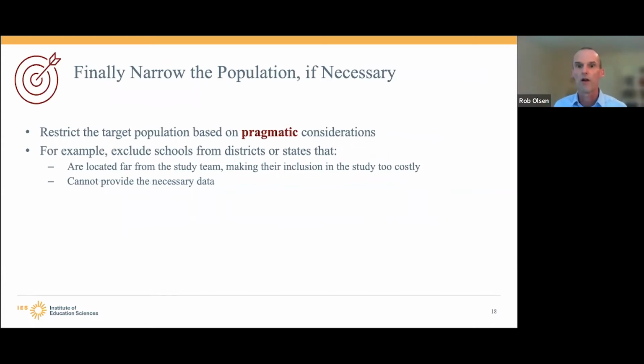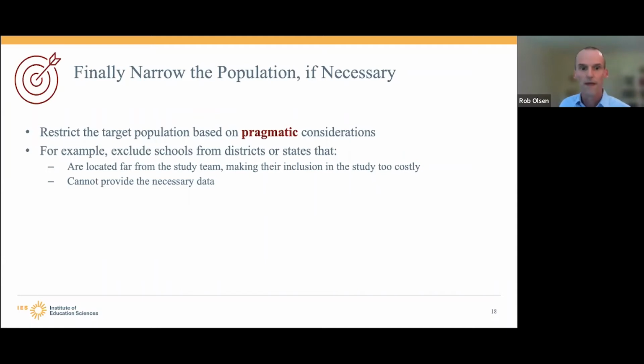Finally, we recommend narrowing the population if necessary based on pragmatic considerations. And pragmatic considerations loom large in conducting large-scale impact studies. It could be that from a substantive perspective, the research team is interested in a broad national population, but in practice, including a national sample isn't feasible.